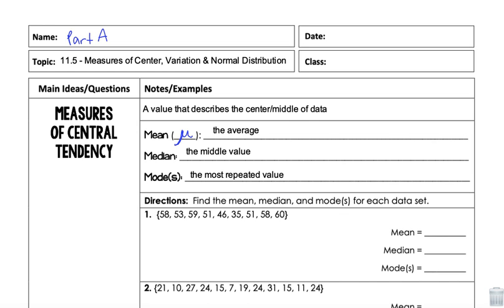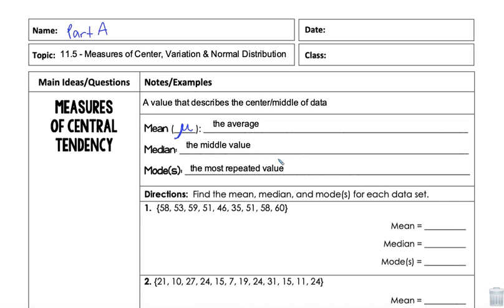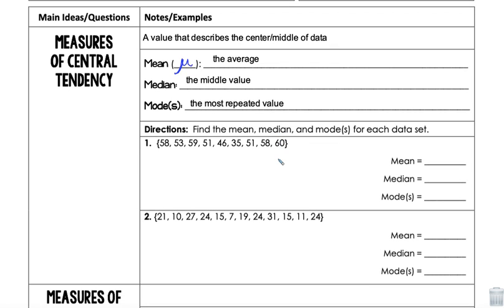So we're going to look at finding the mean, median, and mode of data sets. And the easiest way to do this is definitely to put your data set in order from smallest to largest value.